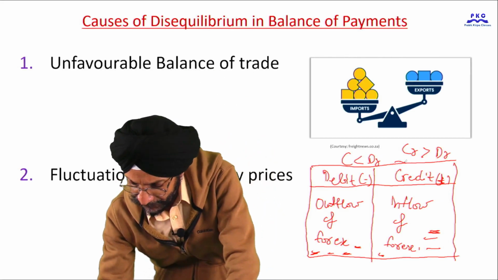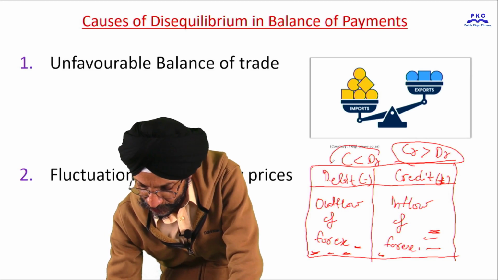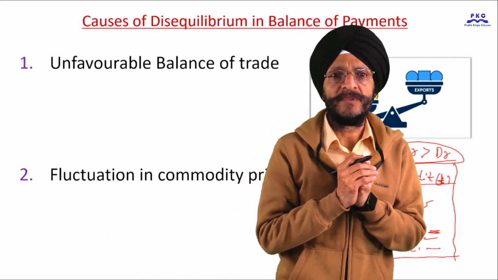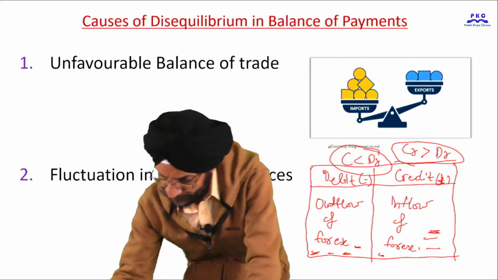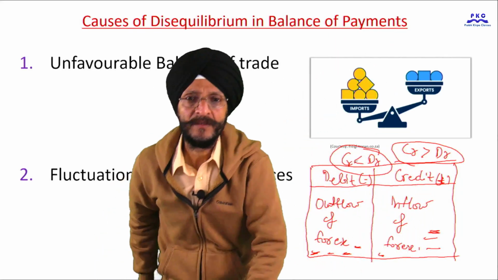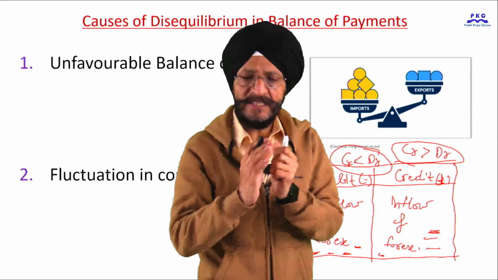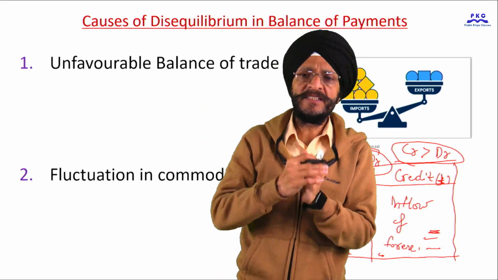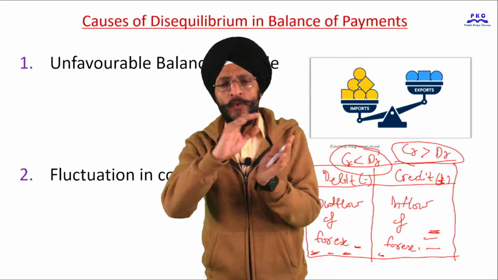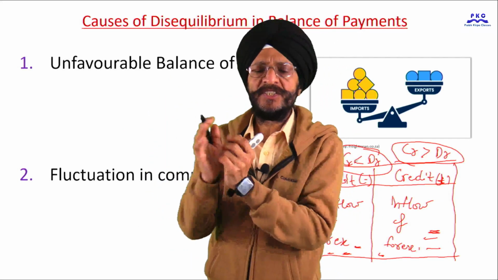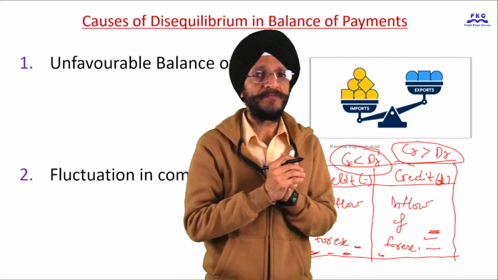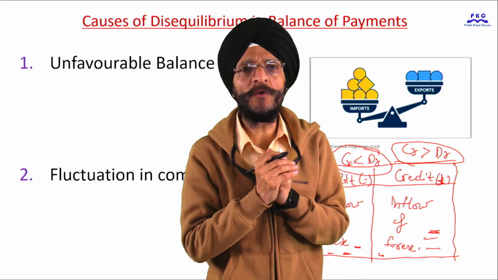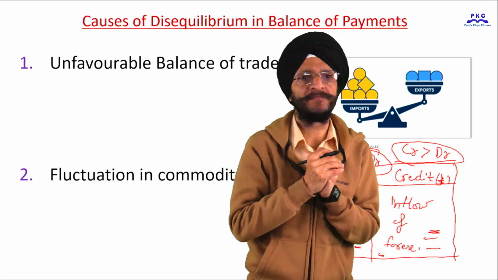So these are the two situations of disequilibrium in balance of payments. That is, the total payments do not match the total receipts of foreign exchange. So what are the possible reasons, or causes, of disequilibrium in balance of payments?